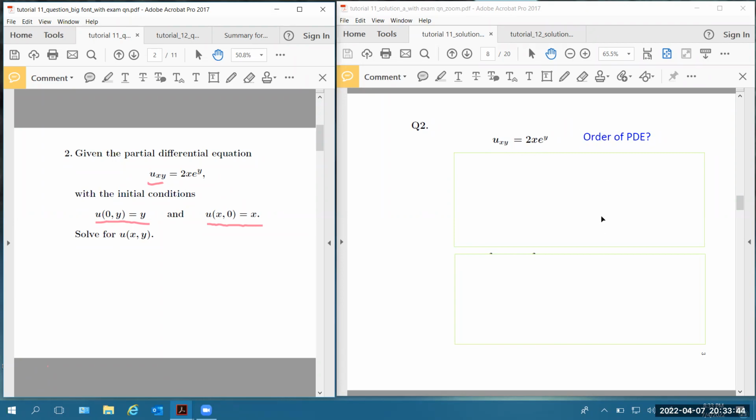I hope you can still remember what the order of a PDE means. The order of a PDE is the highest order of derivative of that PDE. What is the highest order of derivative here? We actually have only one term, del square u del x del y. What is the order of this partial derivative?